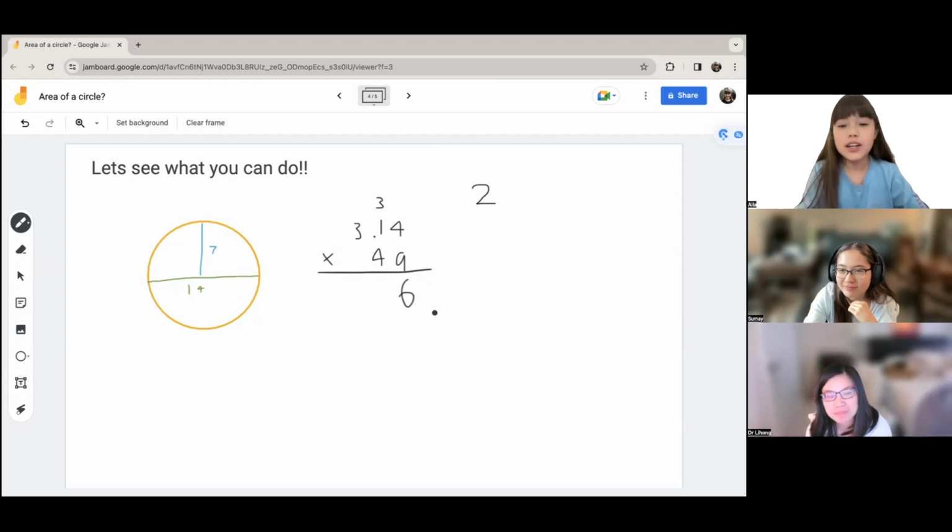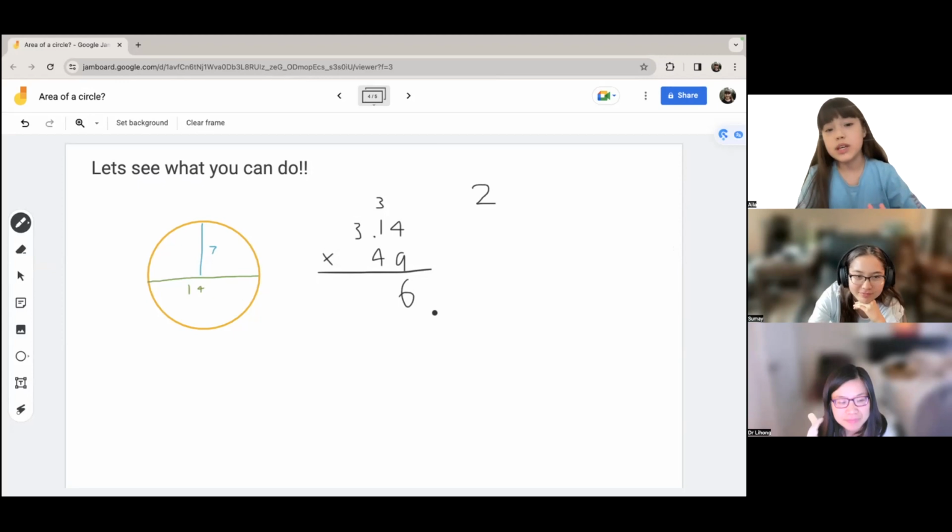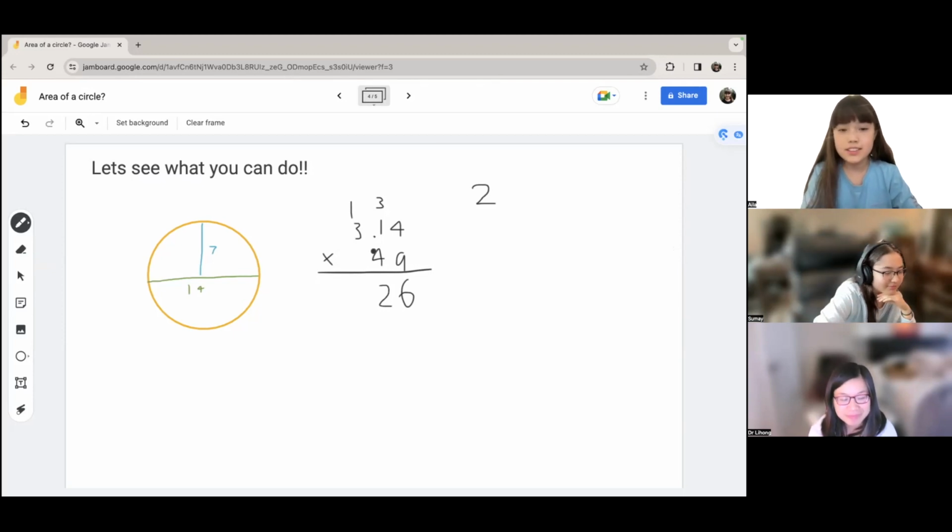And 9 times 1 is 9, but of course we got to add that 3. So that's 12. Now we've got 9 times 3, 9, 18, 27. So that's 27. We add that 1, and we have 28.